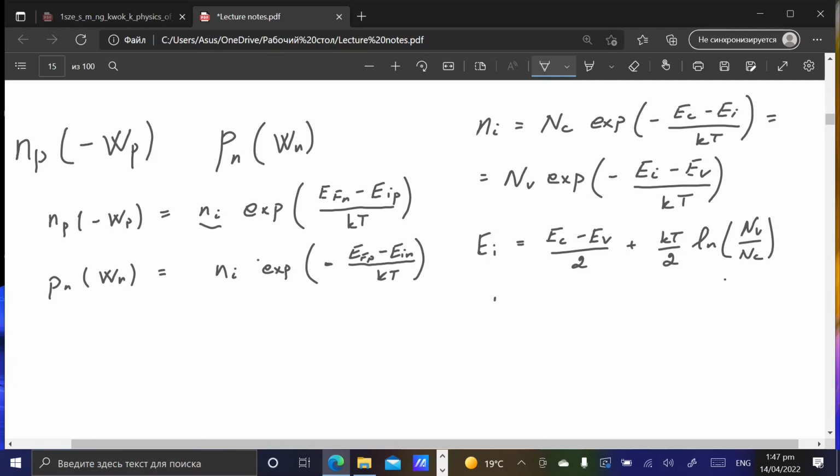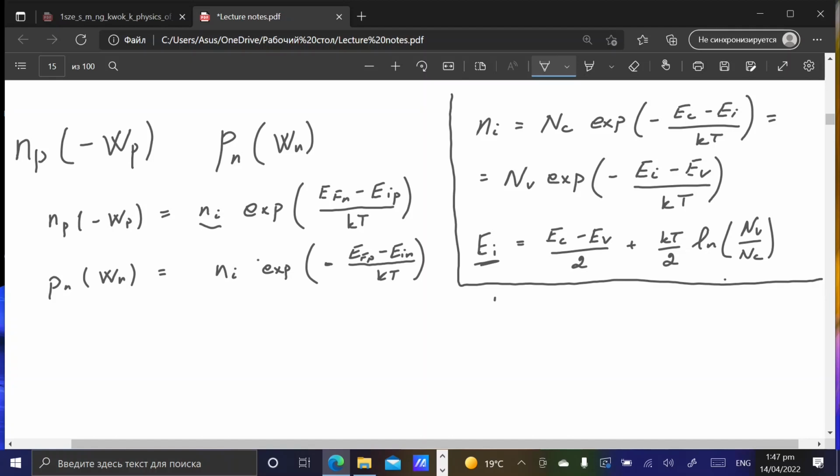So that is the way we determine the position of the Fermi energy level in an intrinsic semiconductor and the intrinsic charge carrier concentration itself. This is a reminder, we definitely had these equations before.